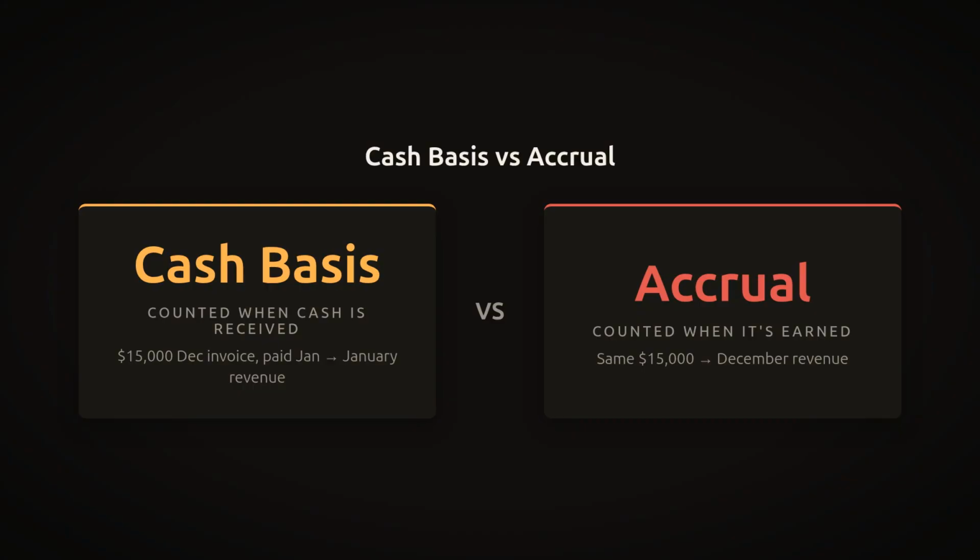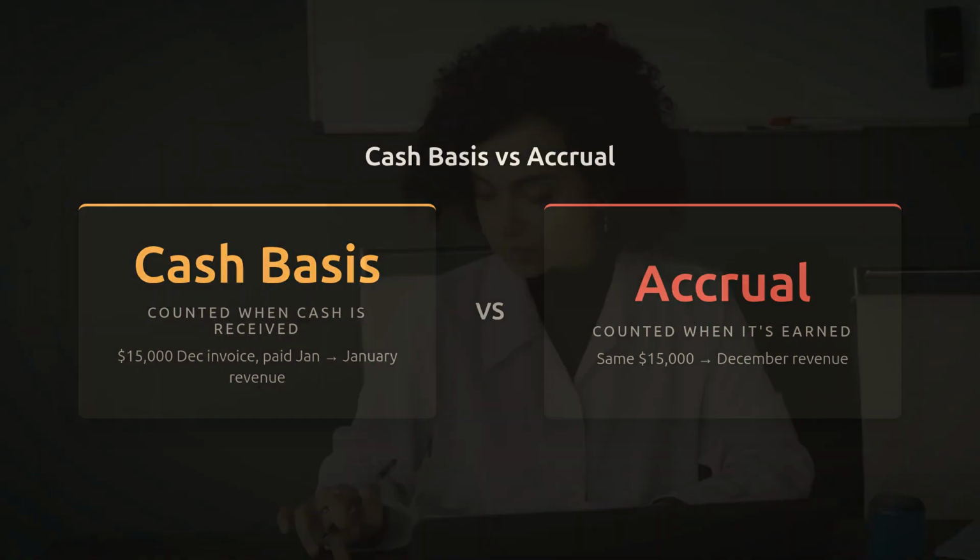Under accrual, it's December revenue. For most self-employed people under $25 million in annual gross receipts, cash basis accounting is allowed and simpler. The choice matters. Cash basis smooths out end-of-year timing, while accrual matches revenue to the period it was earned, which can create year-end tax planning opportunities.